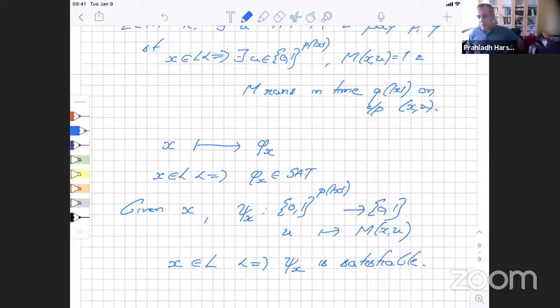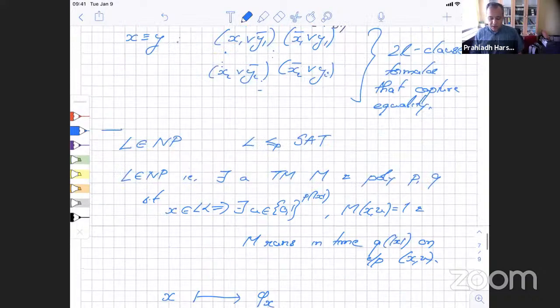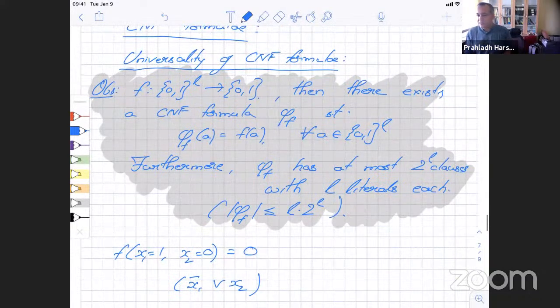That's almost it. So one thing we could do is just take the CNF. I know psi_x is some function. Our observation over here said that any function you can write down as a CNF formula.